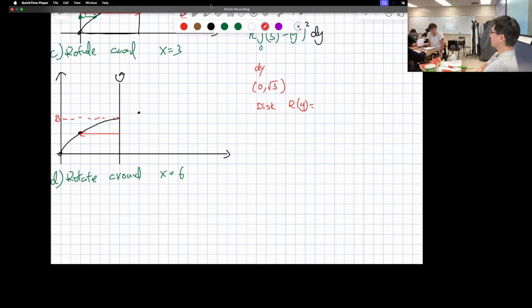What is r of y here? So you cannot have a negative 3. Root 3 minus y squared.